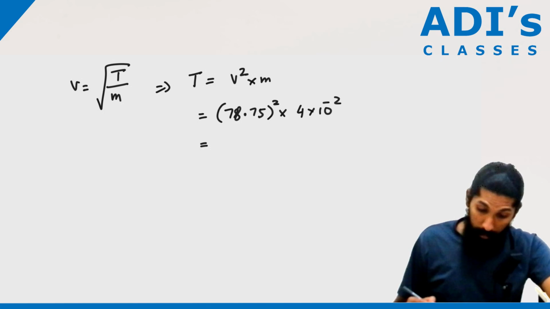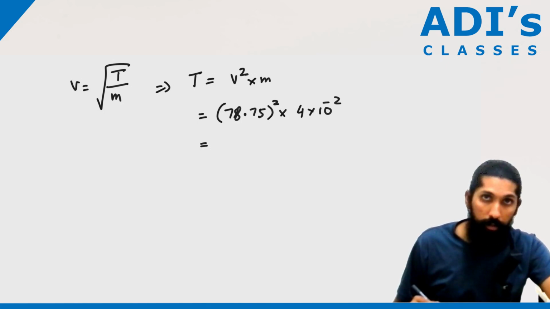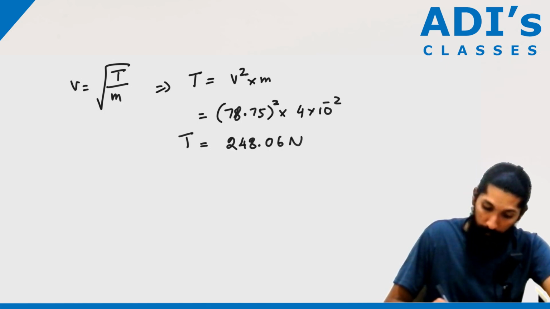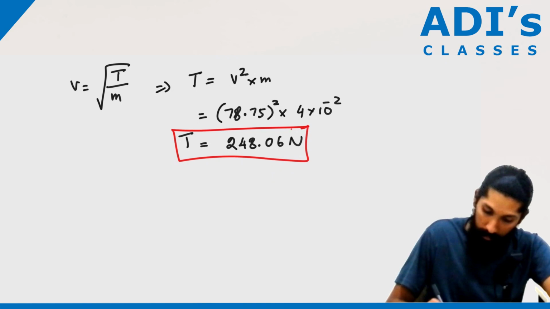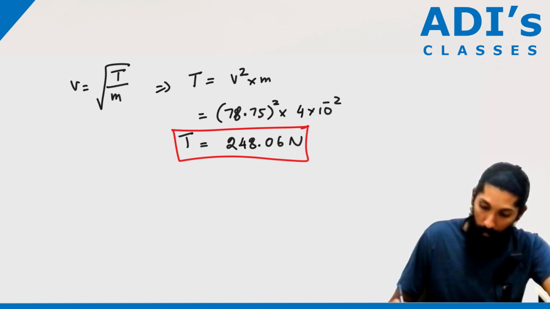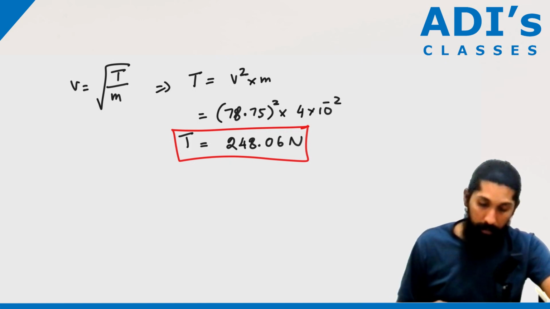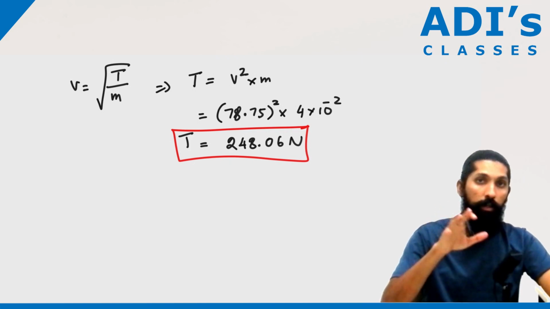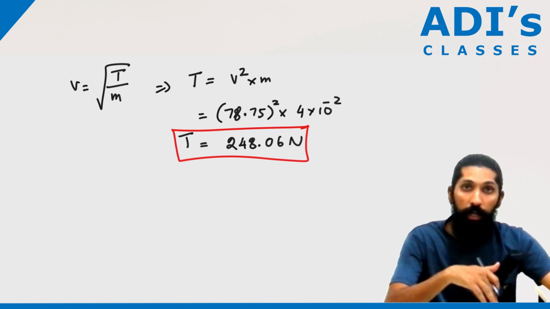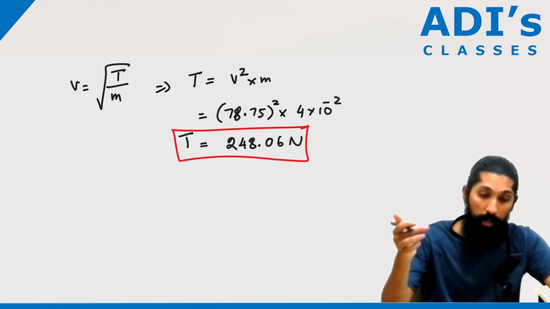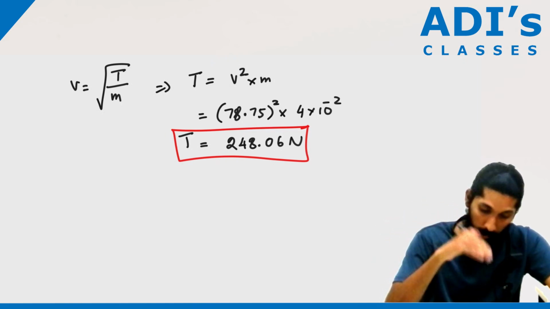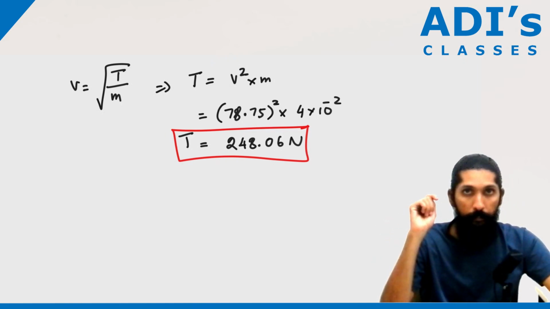Correct? Now, once you solve this one, you are going to get the tension. The final answer becomes 248.06 Newton. So, the tension in this particular string is going to be this much. Understood? The velocity is 78.75, which we calculated with the help of lambda, and with the help of this velocity, we calculated the tension. Okay?